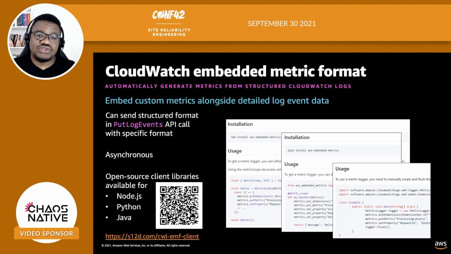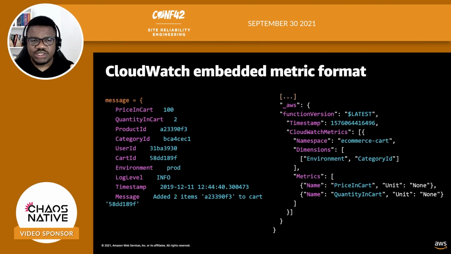You can enable this using the PutLogEvents API call, and we support this for a number of open source client libraries in Node, in Python, or in Java. Let's look at an example of CloudWatch embedded metric format. On the right, I've got an example of the structure of the CloudWatch embedded metric format.